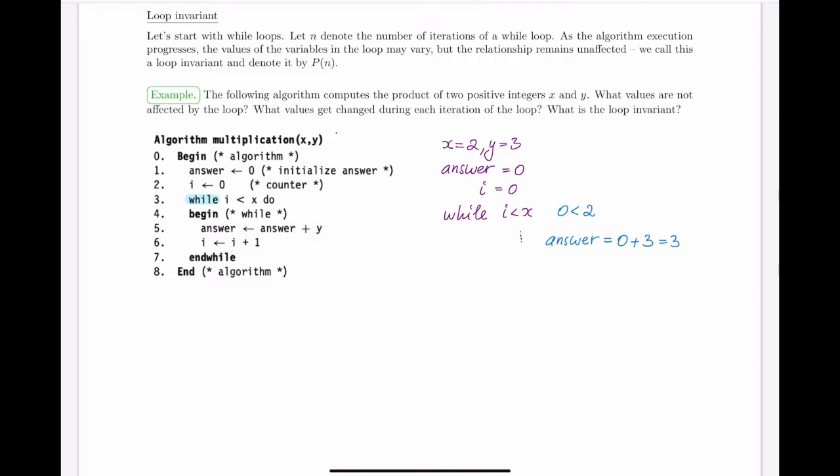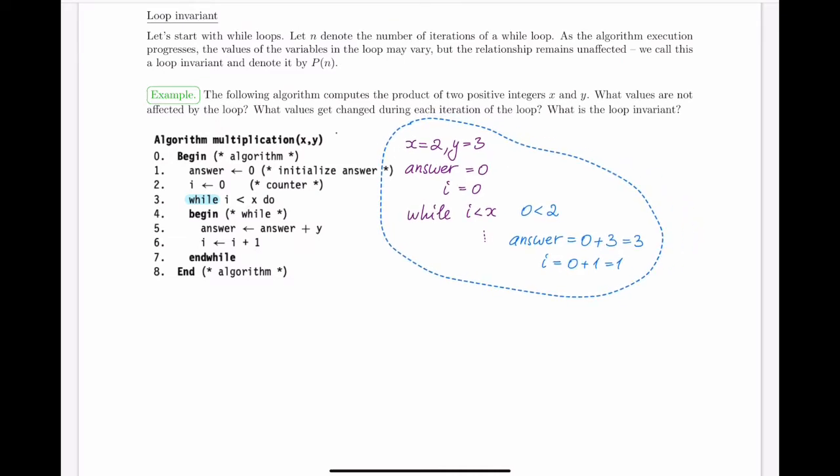Then the next line of the code says i is going to be incremented by 1. So the new i is equal to the old i plus 1, which is 0 plus 1. Altogether, it's equal to 1. And that is the first iteration of the while loop.